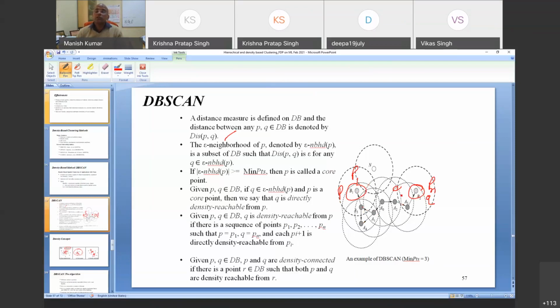So all these epsilon neighborhood points are core points, and they keep enhancing their area. So the resultant clusters will be like this: all these data points which are coming with this.